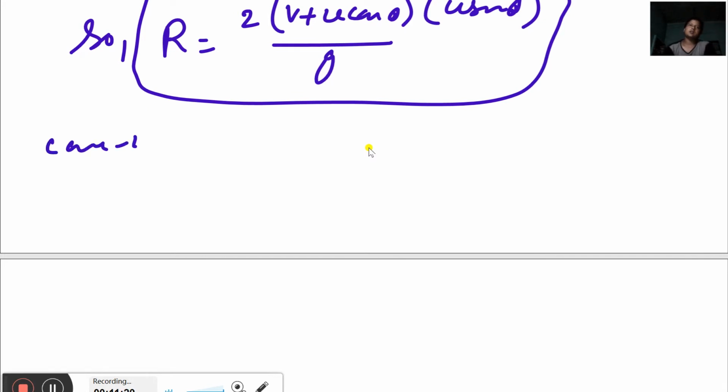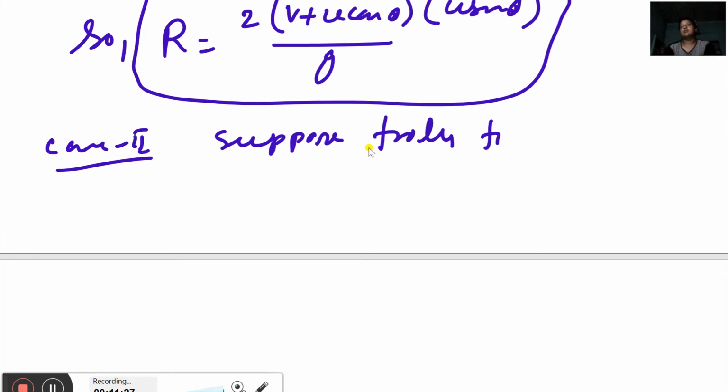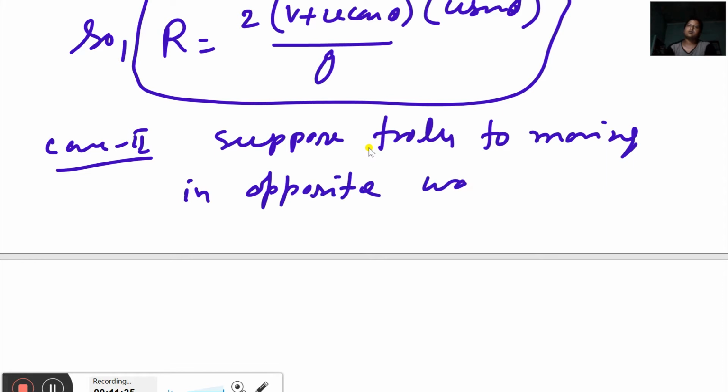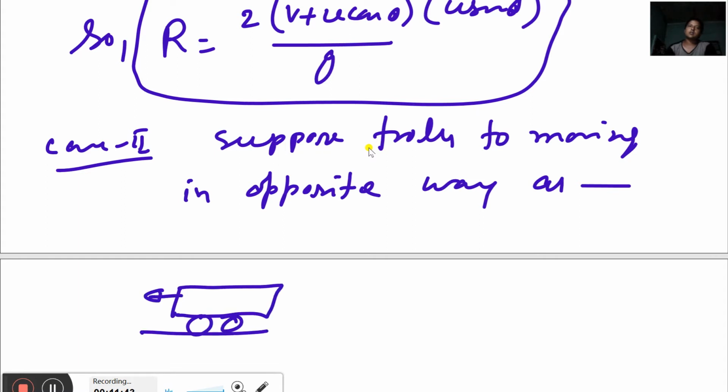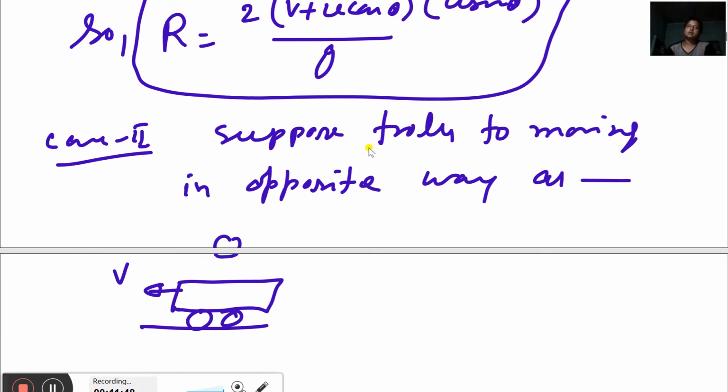In the second case, suppose the trolley is moving in the opposite way, in this direction with a speed v, and a man throws a ball in this direction at an angle theta.